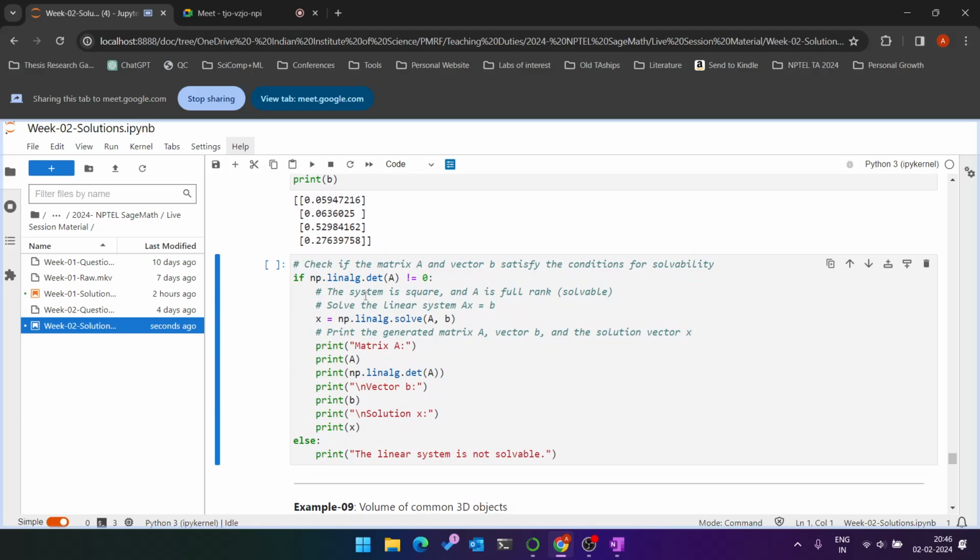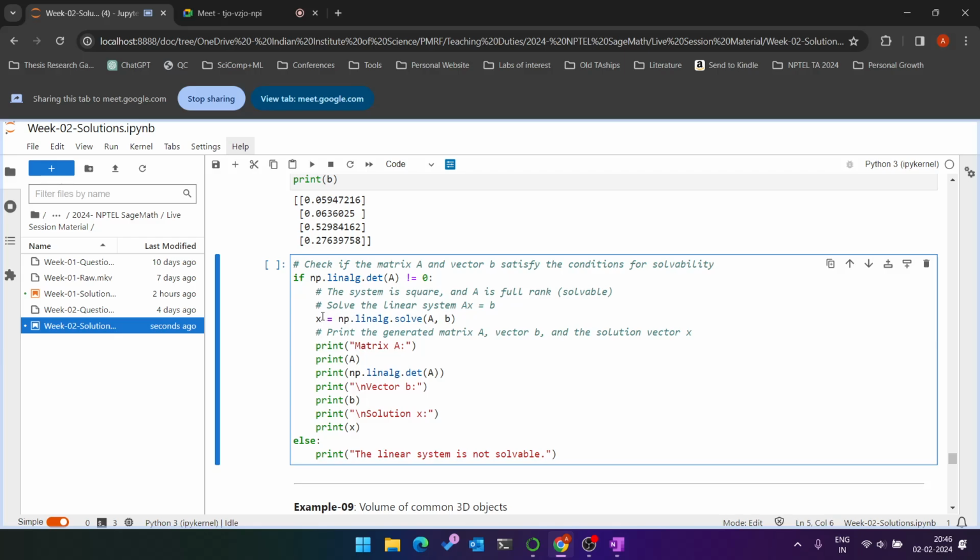So the essential condition is that the matrix A should be square and A should be full rank, or its determinant is non-zero. Only then this system is solvable, and we solve it using the np.linalg.solve function in NumPy, with A and b.